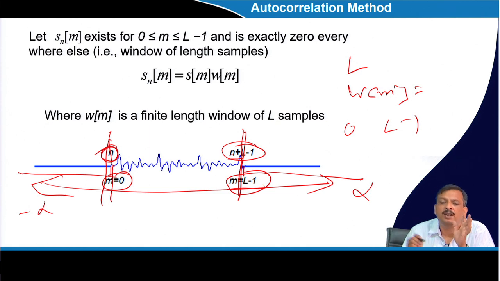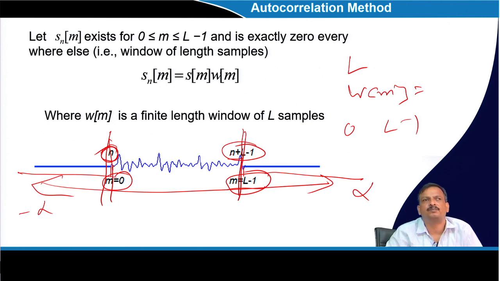What I am saying is, I have a long signal, I take a portion of the signal which is of length L. That means the index of the signal varies from 0 to L minus 1. So, a finite length window of L samples.